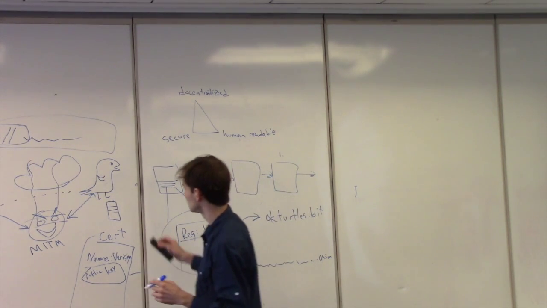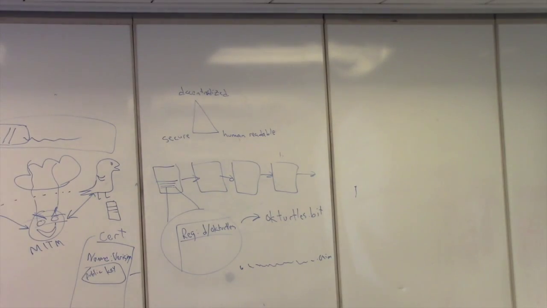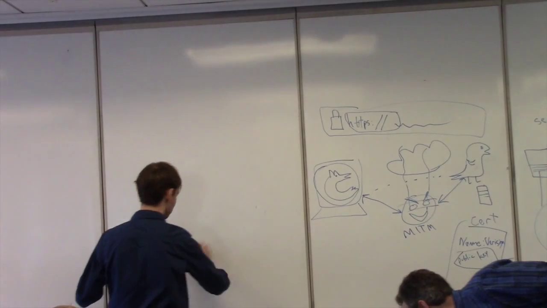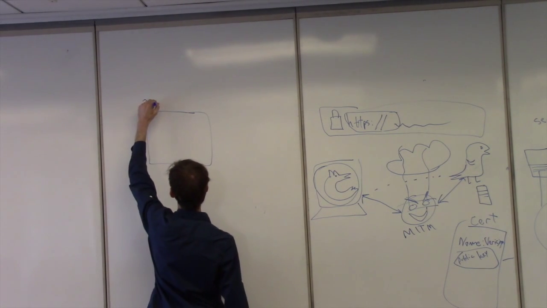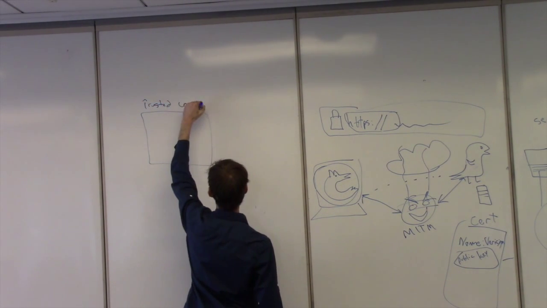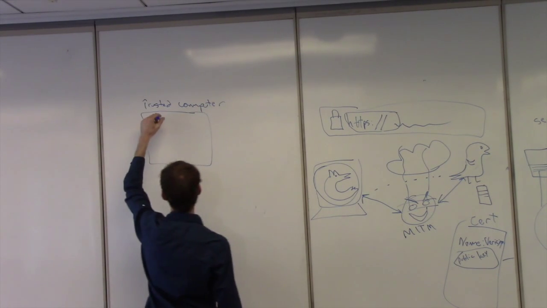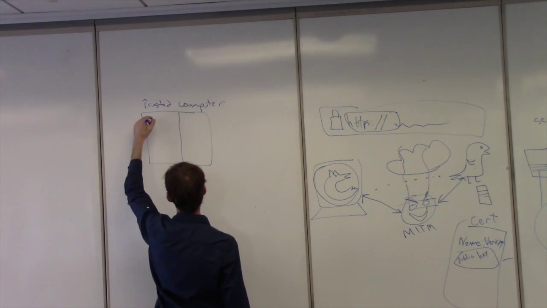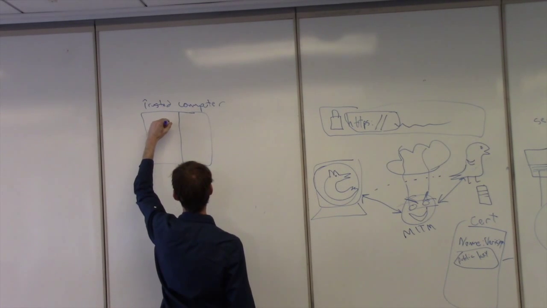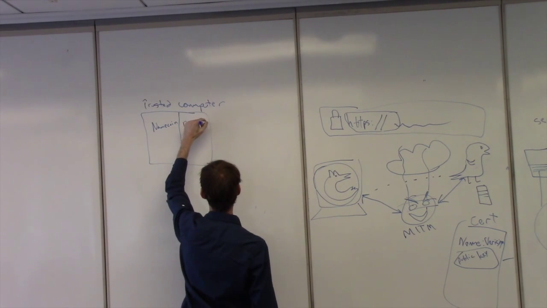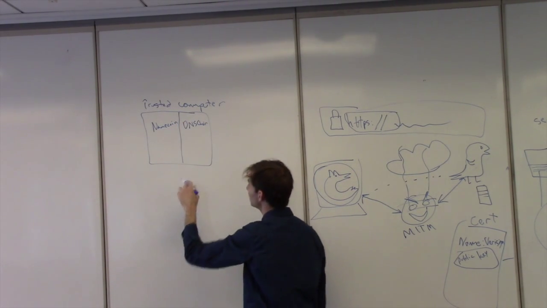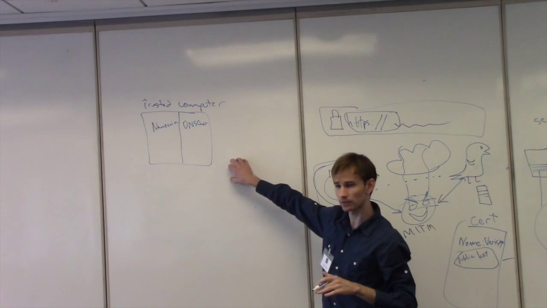So let me erase this part right here. So you've got a computer that you trust. And it's running two pieces of software. One is Namecoin, and the other is DNSChain. And this is a server that's running 24/7 and has the resources to run this.